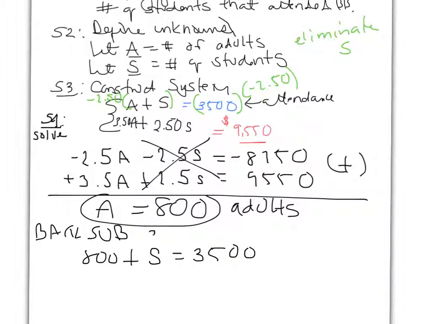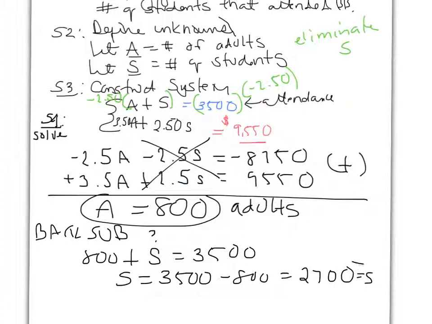So 800 plus how many students gives you 3,500? Well, you're just going to subtract. All you're really doing is 3,500 minus 800. You can do that by hand, or punch it in your calculator. But you get 2,700 equals S. So that's the number of students that attended the basketball game.